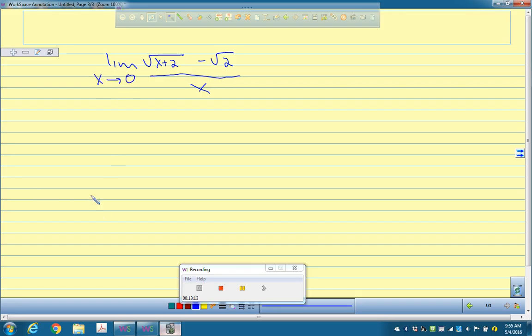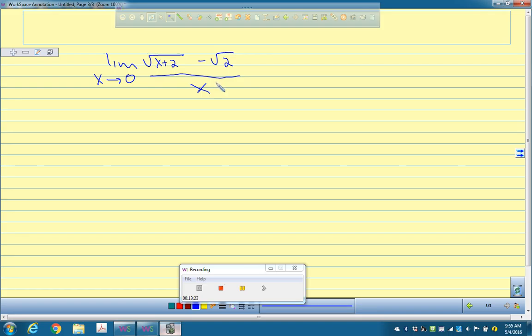So again, I'm not sure exactly what this looks like, but if I plug in 0, I get undefined there. So I can't just plug in 0 and find a limit. I can't factor the top, but I could do something else. Who sees something else I could do?